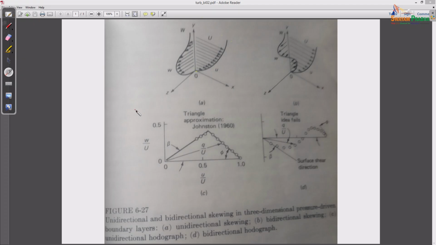So this is unidirectional skewing, and if you look here on the other hand, we have skewing in both directions, both positive and negative. This is the pressure driven boundary layer. Now let's go back.